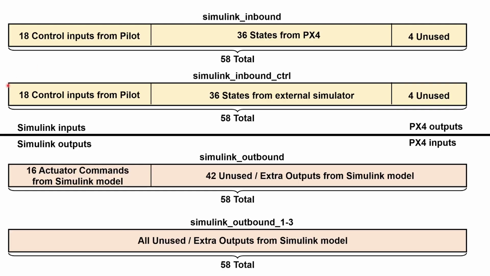And then if we need a secondary control input, for example, from GCS, like a joystick or whatever, or multiple joysticks, we send over this control input, the Simulink inbound control message, and we configure PX4 itself, the Simulink control module.